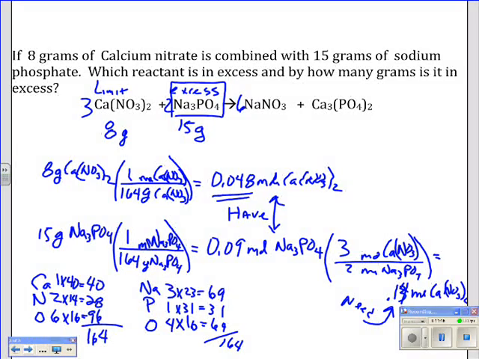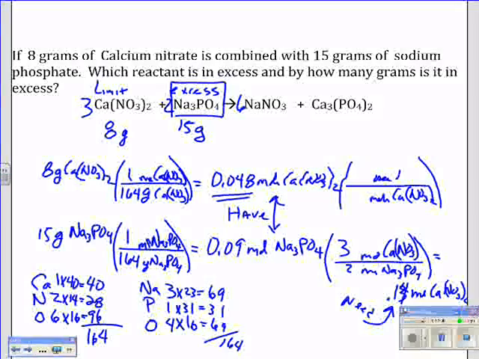The second part asks how many grams is it in excess. In order to figure that out, I'm going to take my calcium nitrate, get rid of my moles of calcium nitrate, and go to moles of sodium phosphate. Okay, this is a 3:2 ratio.